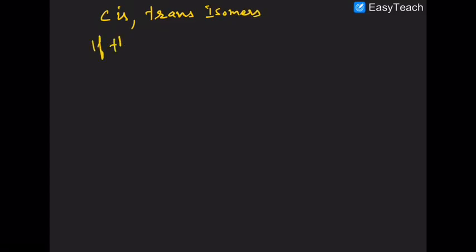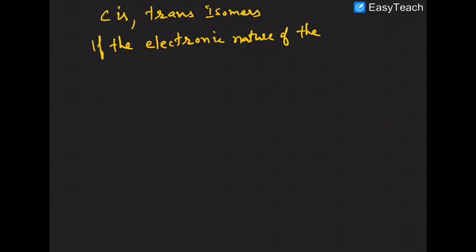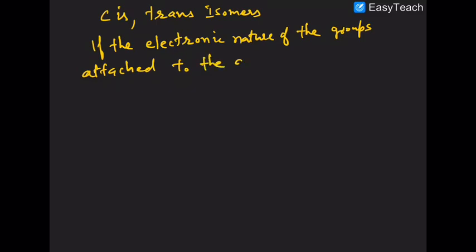If the electronic nature of the groups attached to the alkene is the same, then the dipole moment of the cis isomer is greater than the dipole moment of the trans isomer.